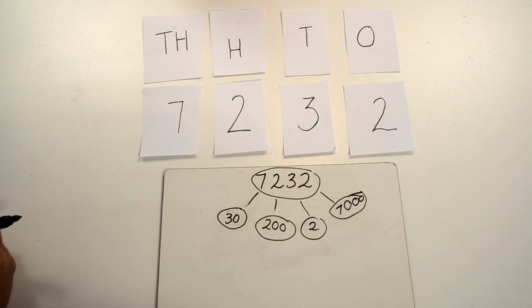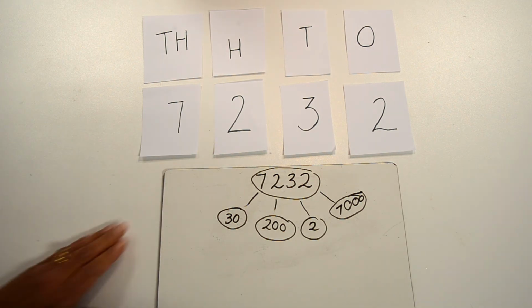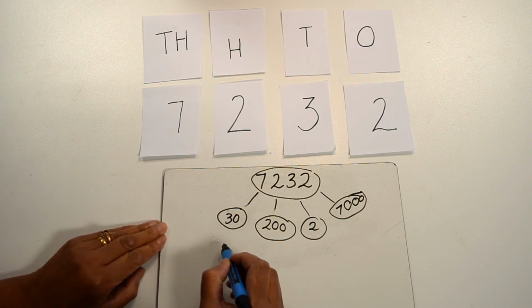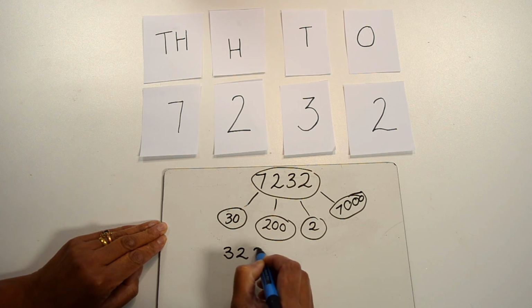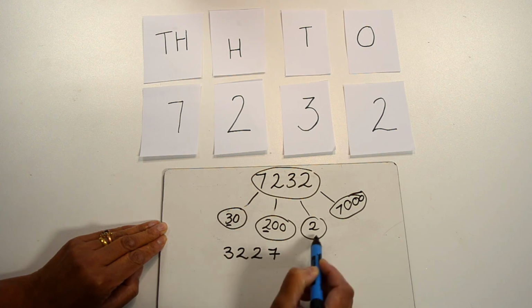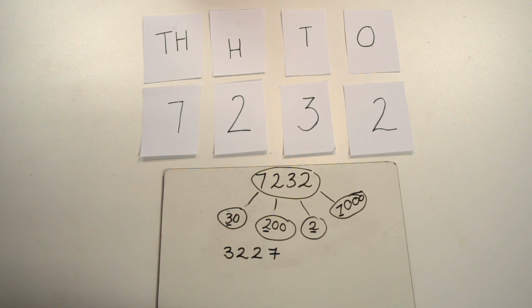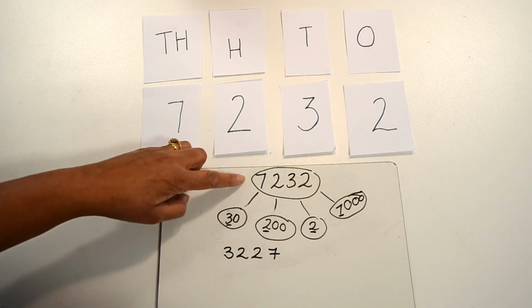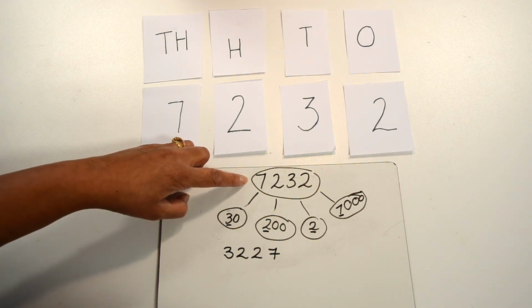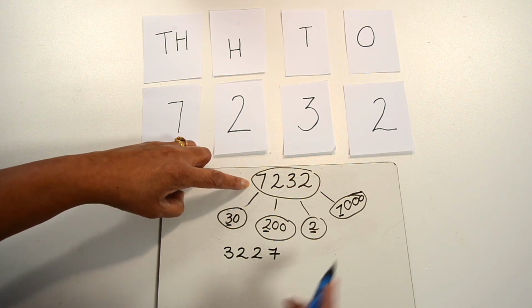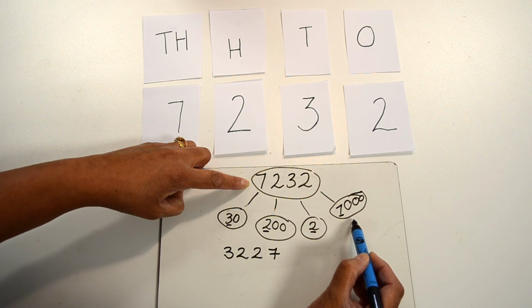Does the value of the digits change? The number actually stays the same because we still have the digit 7, which represents 7,000.